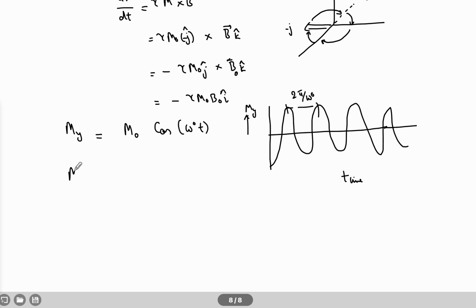Okay, similarly, x component will be m0 sine omega naught t, right? So this is nothing but a projection of this circulating vector along x-axis or y-axis. So whenever the vector is exactly along y-axis, this will be maxima.